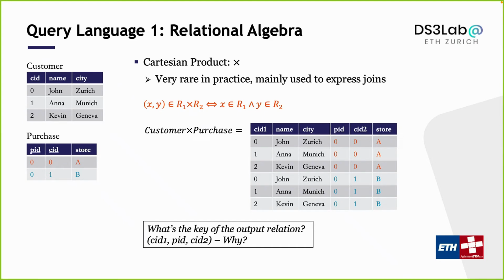In this case, it's going to be the combination of the customer ID from R1, product ID from R2, and customer ID from R2. The combination of these is going to be the primary key of the output relation. It's not very hard to see when you just sit down and think about this cross-product structure between these two relations. It will become clear.